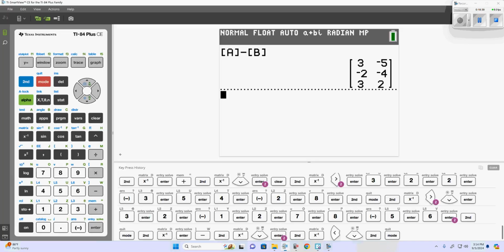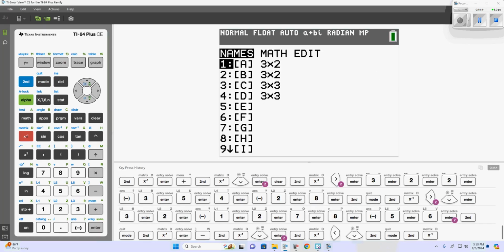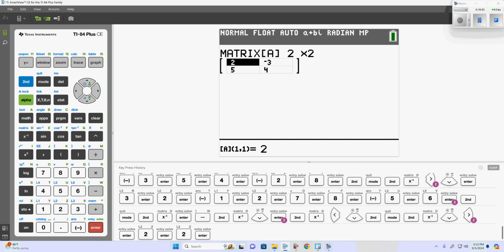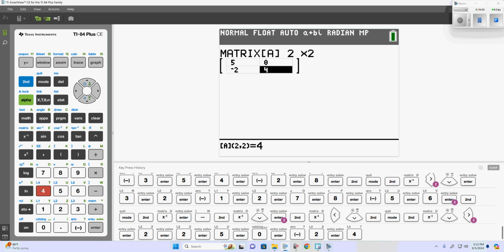If we wanted to do this one in the calculator, the first thing we would need to do is take the calculator and plug both of the matrices in. So we'll go second matrix, over to edit, and matrix A. Now, both of these are 2 by 2s. So we'll have 5, 0, negative 2, 4 as the first matrix.